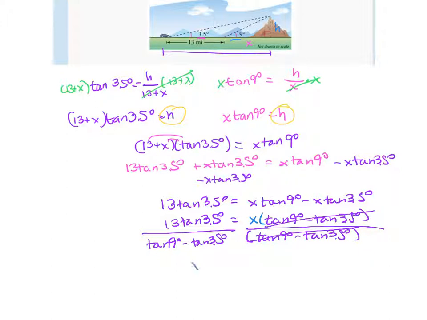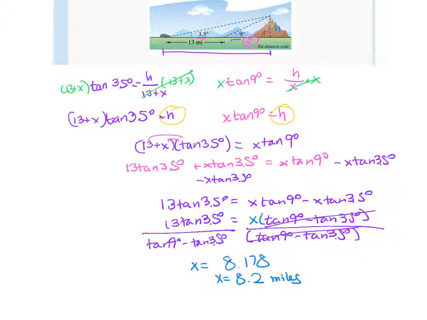So now we get x equals all of this, and we can evaluate that in the calculator. When you type that all in, you will get 8.178, or x is approximately, let's say, 8.2 miles. So that is our x value that we wanted at the top here.